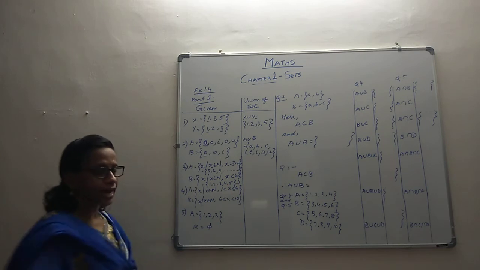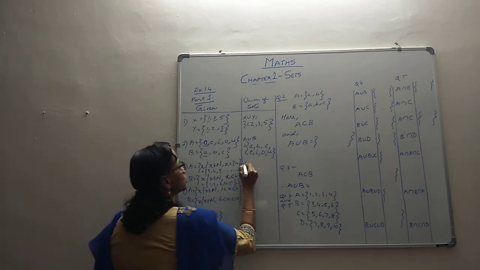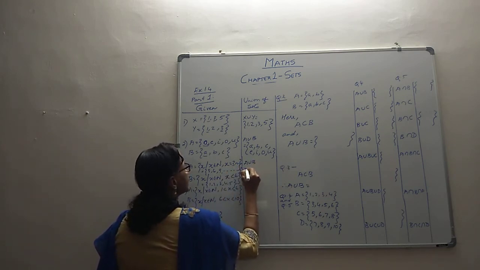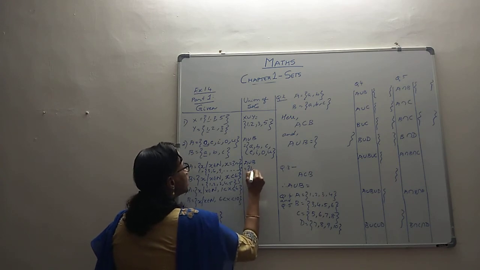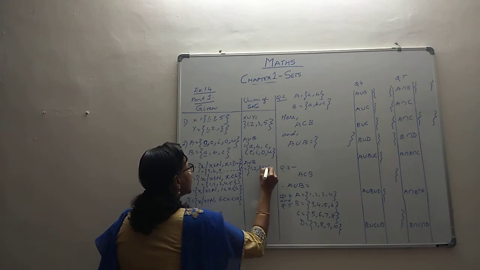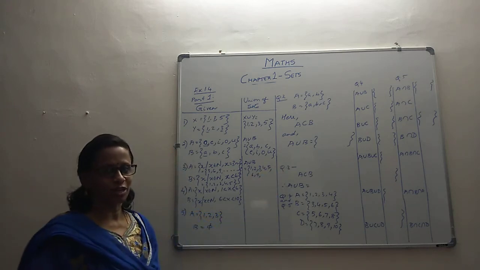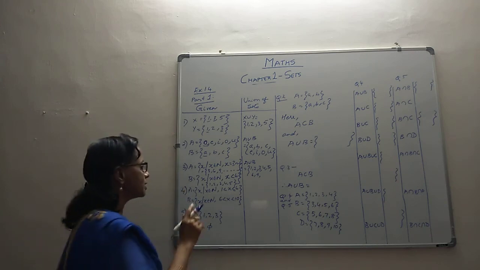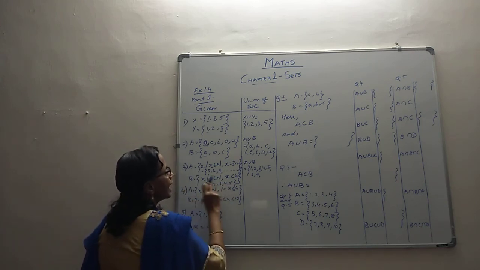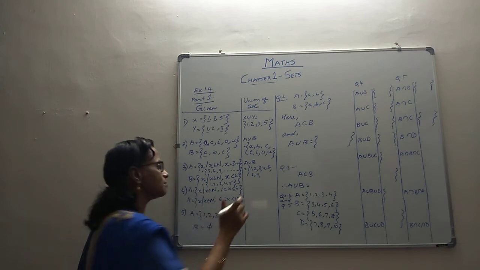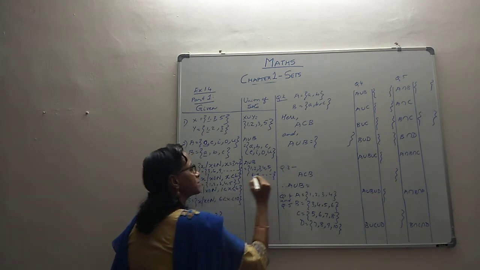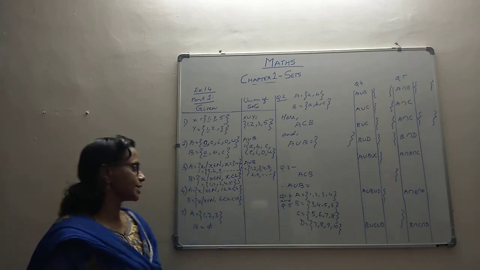So when we write the union, A union B has the elements 1, 2, 3, 4, 5, 6, 9 and then all the multiples of 3. The common element is only 3, and the remaining elements are just the multiples of 3, whatever comes up. That is our union set.